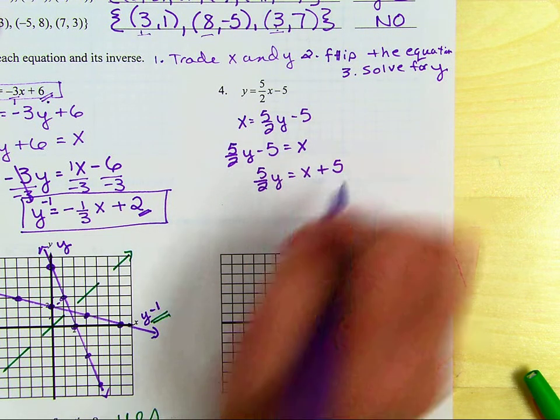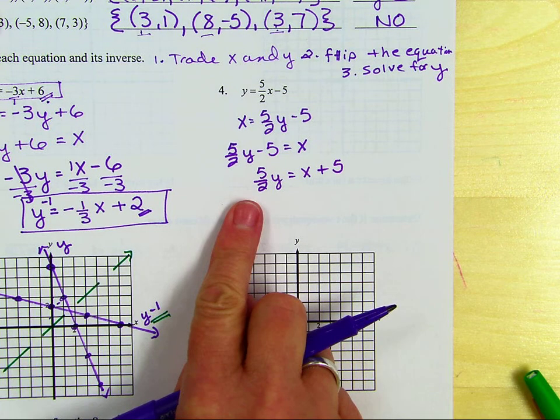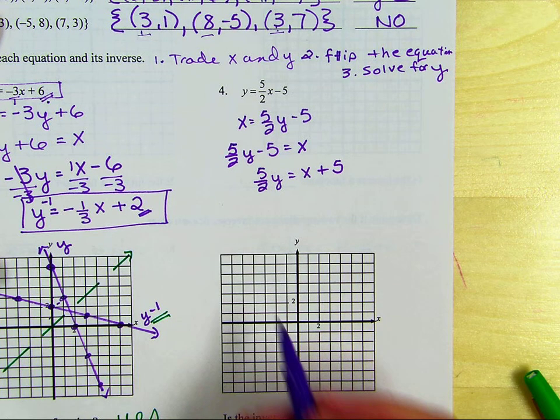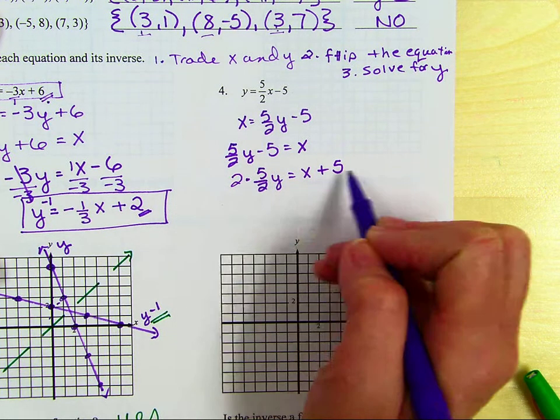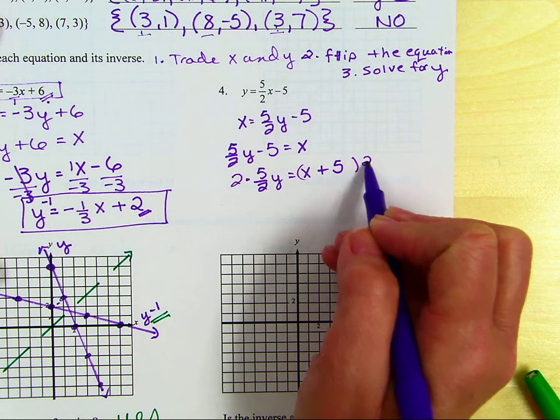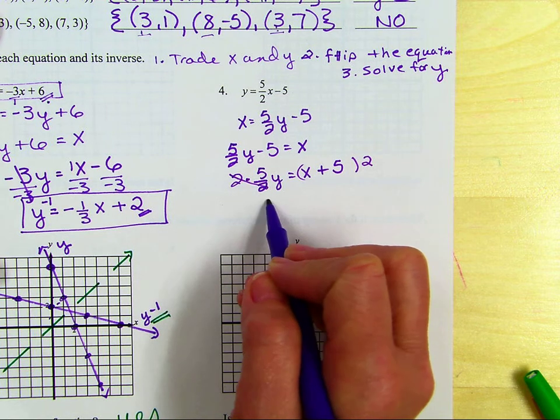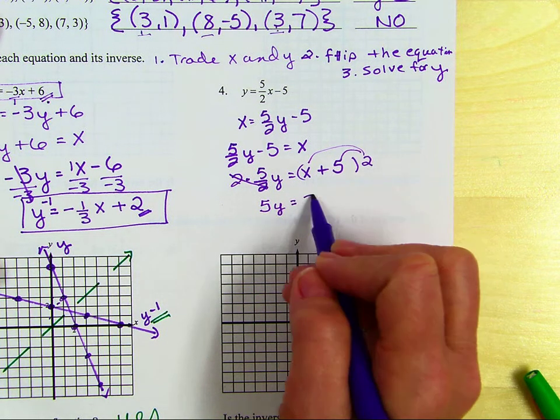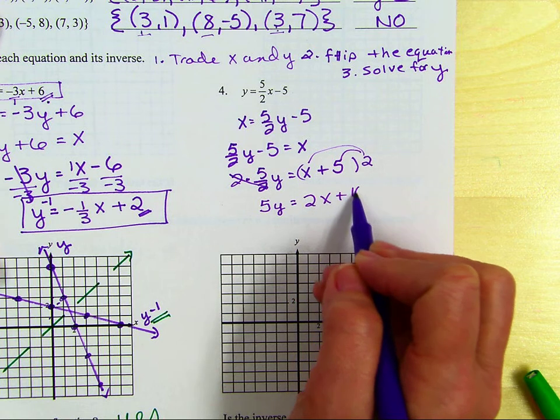Okay. Then to get rid of this 5/2, let's do it in 2 steps. I'm going to multiply both sides by 2. Here, I end up with 5y equals, got to distribute, 2x plus 10. That got rid of the 2.